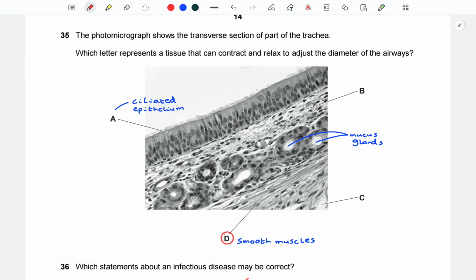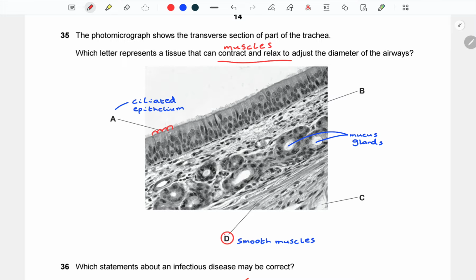35. The photomicrograph shows a transverse section of the trachea. Which letter represents a tissue that can contract and relax to adjust the diameter of the airways? Contract and relax is basically implying muscles. So if we look at our options, A is basically ciliated epithelium. You can even see the little cilia over here.